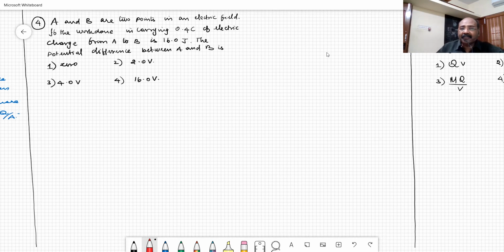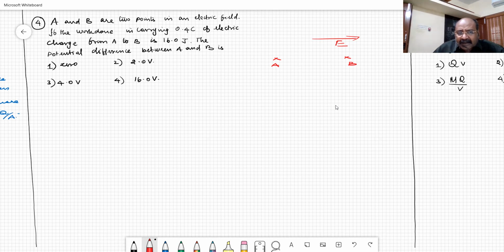So let us take it like this. You are having an electrical field E acting in this direction. Inside that electrical field, we have taken two points, one point A and another point B. It was given that A and B are two points in the electrical field.